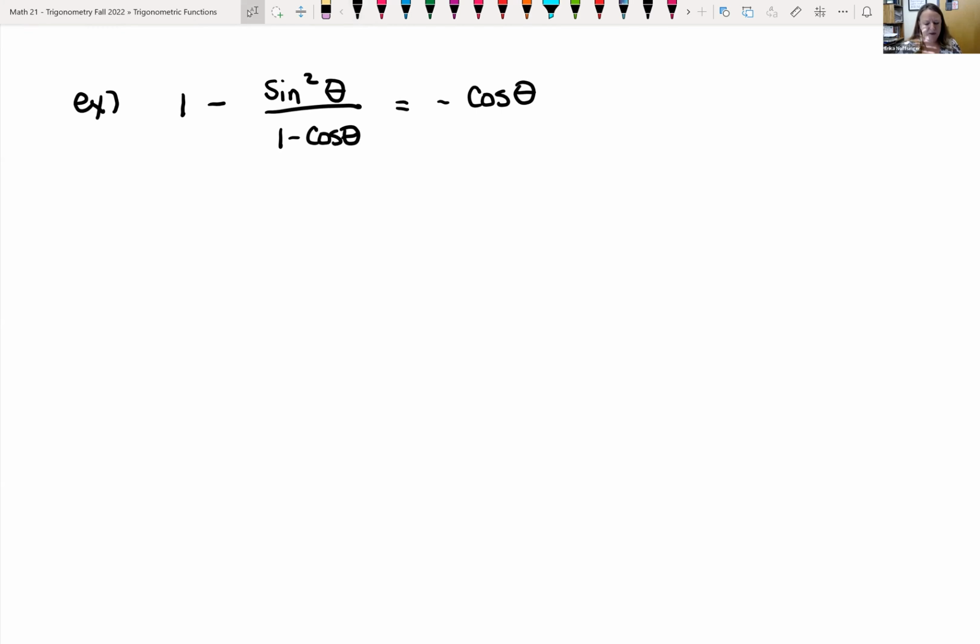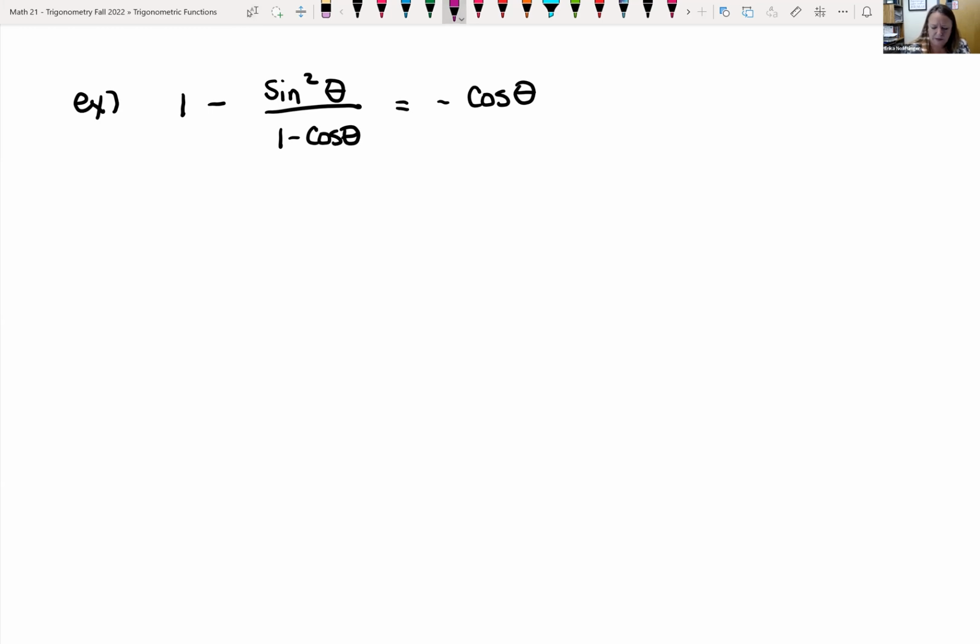Okay, so I'm trying to manipulate this to look like what I want. So there's a couple ways that we can start this. We could rewrite this as a single fraction. We could multiply by the conjugate of 1 minus cosine theta, multiply that second term by a fancy 1.